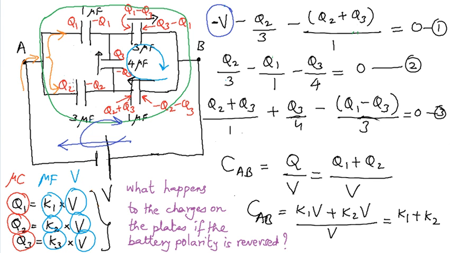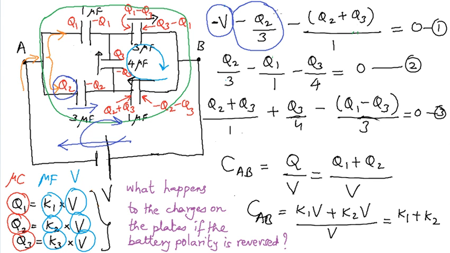Further, we still have assumed that the charge on this plate of this capacitor is Q2. That is, the name of the variable is still Q2. We are not claiming that Q2's value is the same as before, but the name of the variable is the same, and hence when I travel through this capacitor from left to right, the potential difference is still going to be minus Q2 divided by Q3.